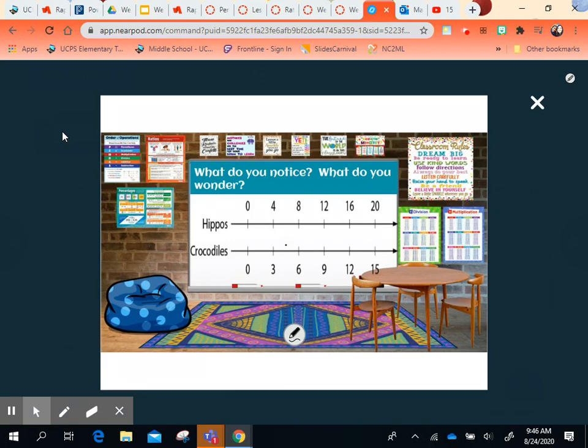What are you noticing? What do you wonder? I might wonder, what are we doing? What is the relationship between hippos and crocodiles? Is there a relationship? I don't know.